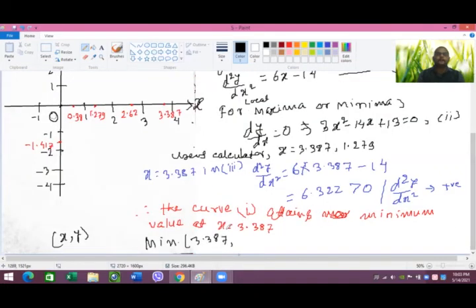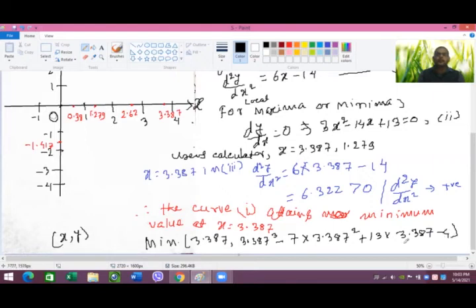So you can write here, in place of x, 3.387 cubed, minus 7 times 3.387 squared, plus 13 times 3.387, and finally plus 4.